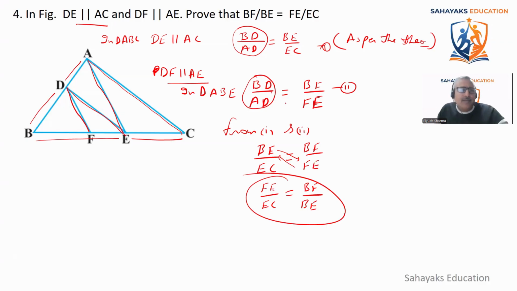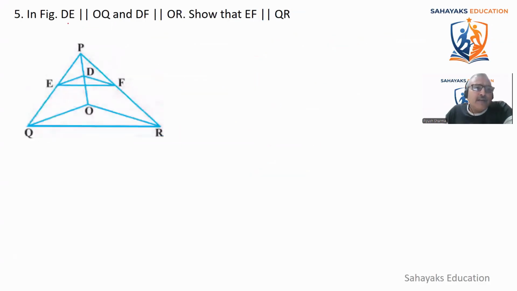Okay, so coming to the next one. In the figure, DE is parallel to OQ. So let's see, where is D? DE is parallel to OQ. Okay, so now you can see this triangle PQO. So in triangle PQO, ED is parallel to QO.